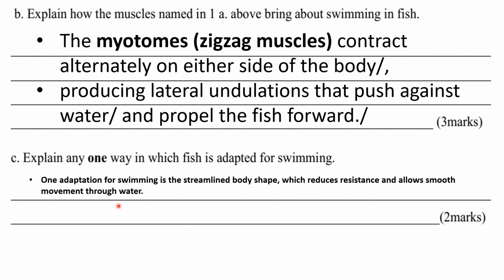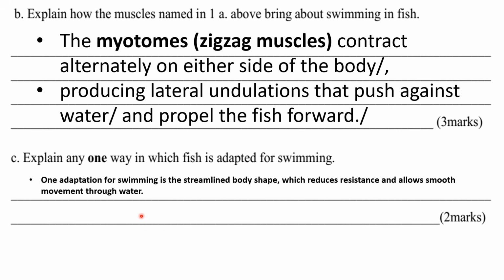Fish have fins such as caudal fins or tail fins to help them to move forward, propulsion. They have fins which are called dorsal fins or anal fins to prevent them from rolling. They have pectoral fins to help them in steering and braking, slowing down, and pelvic fins, which help them to gain stability.